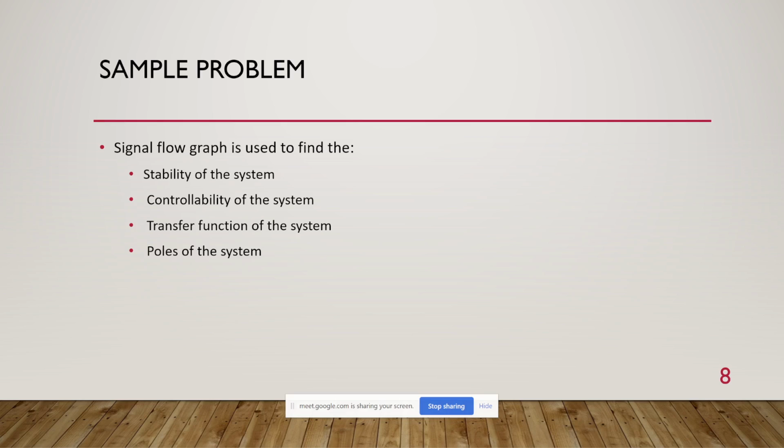Mason's rule is applicable only for signal flow graphs, and it is used to find the transfer function from one signal to another signal. So a signal flow graph is mainly used for finding the transfer function of the system. The correct option is the third option.